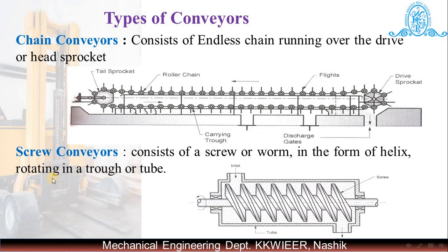Next we have screw type conveyors. These consist of a screwing mechanism, maybe related to a worm, which has some helix angle, so that it rotates in a trough or a tube and transports the material. Screw conveyors have many applications in the food industries.